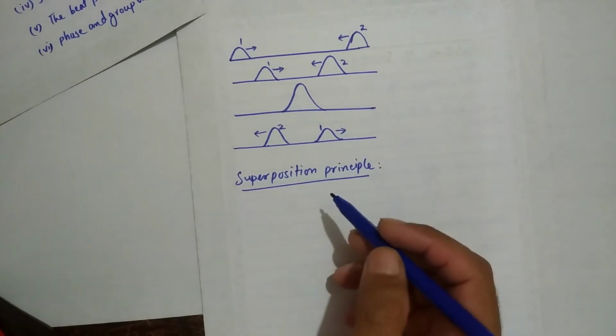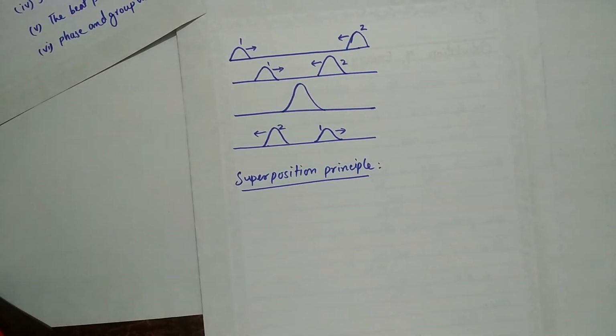To explain the combined effects of waves successfully, one must ask specifically what is the net displacement psi at the point in space where waves with independent displacements psi 1 and psi 2 exist together.